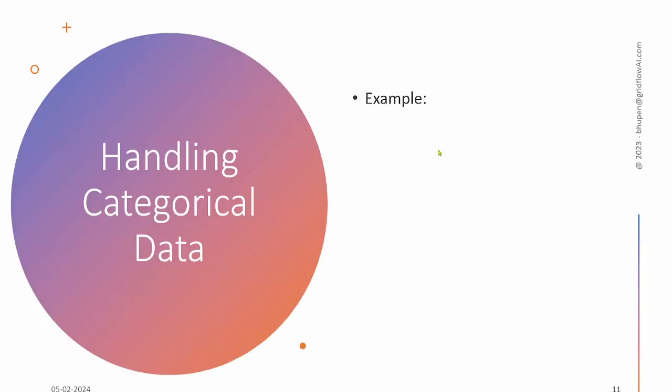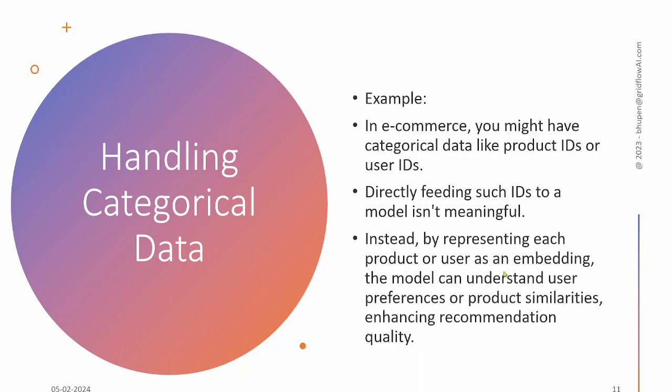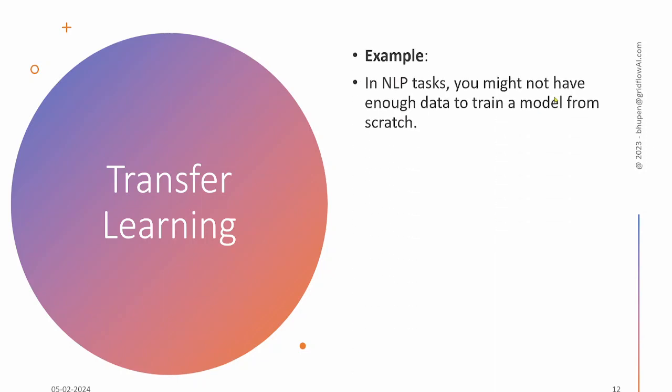Let's look at another example, handling categorical data. For example, product ID and user ID. These are ideal cases where you can embed those IDs for meaningful analysis. Transfer learning is another example of using pre-trained embeddings.